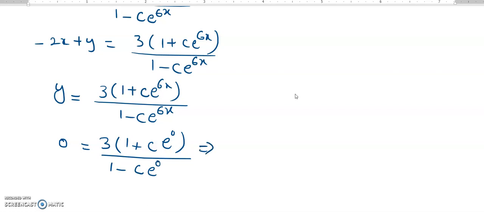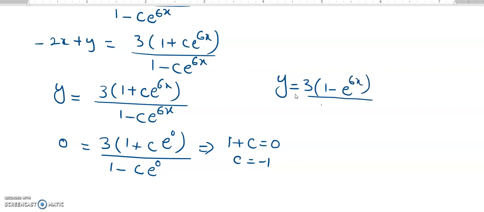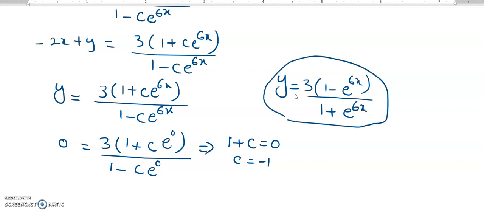So that means 1 plus c equals 0, so the value of c will be equal to minus 1. So the particular solution for this equation will be 3 into 1 minus e power 6x over 1 plus e power 6x. This will be the particular solution.